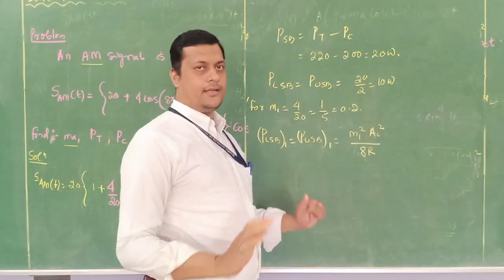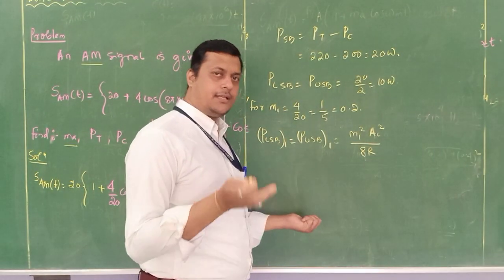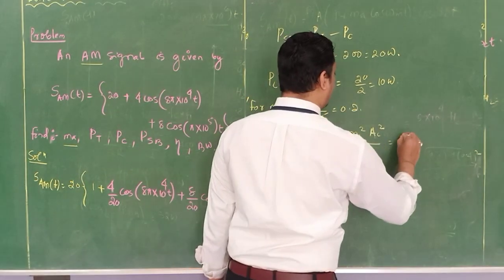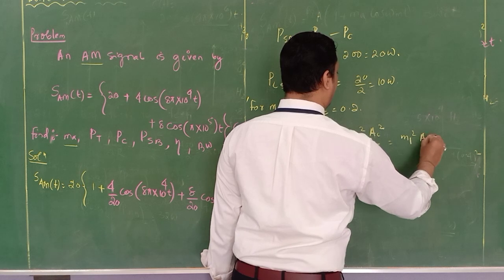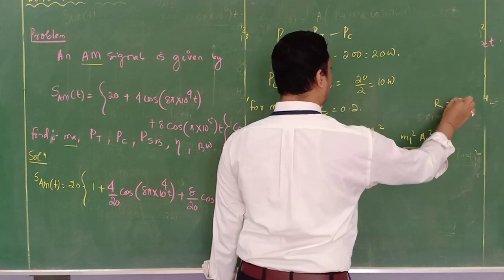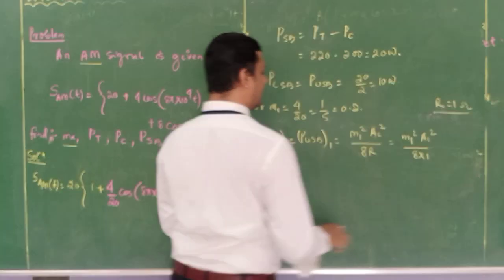Here R is equal to 1 because no such information is available for R. So here I will write M1 square AC square divided by 8 into 1. R is equal to 1 ohm.